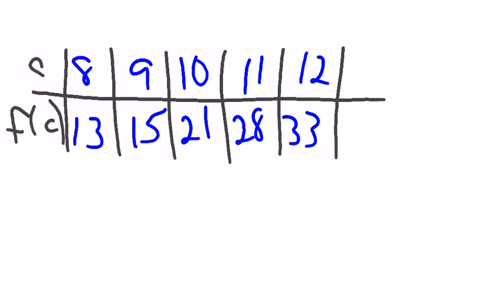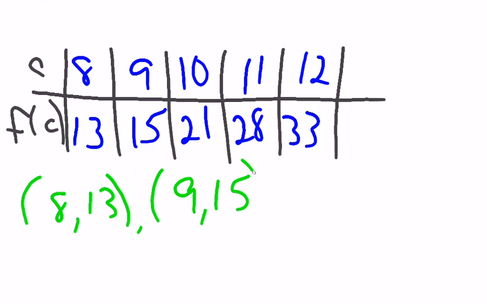So you may have seen this before, but they had X and Y, and now they have a little bit different where here they have C and F of C. So we have to remember they're going to correspond to X and Y, and so if we were asked to write these in ordered pairs, then the first one would be the point 8, 13. The next one would be 9, 15.